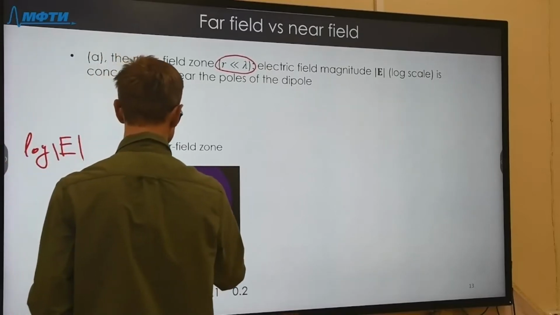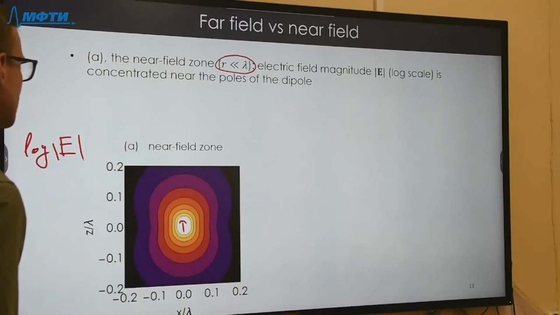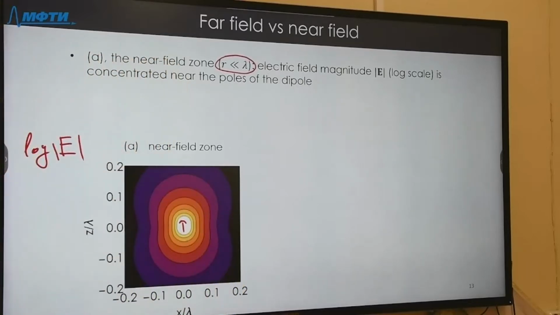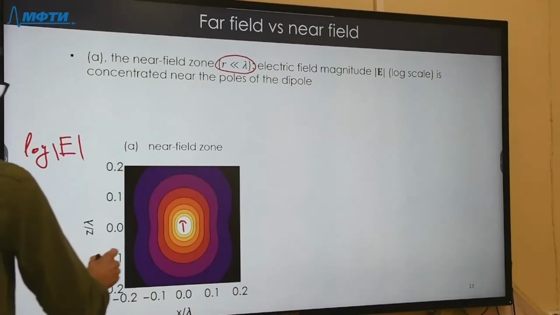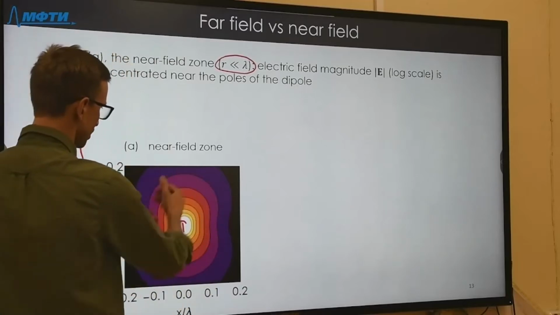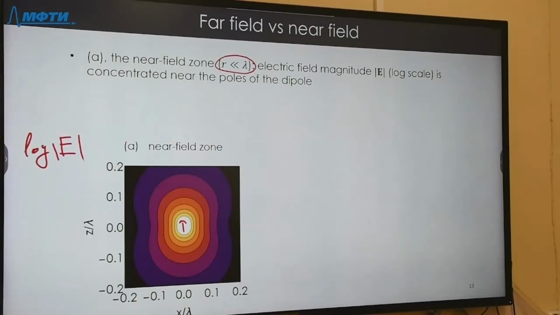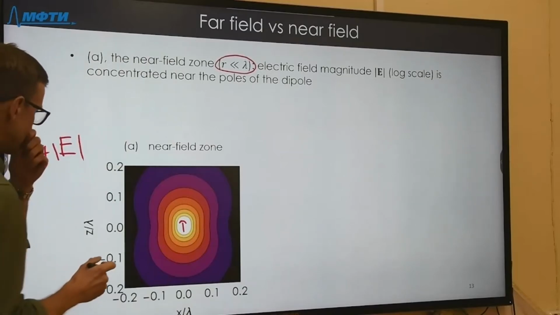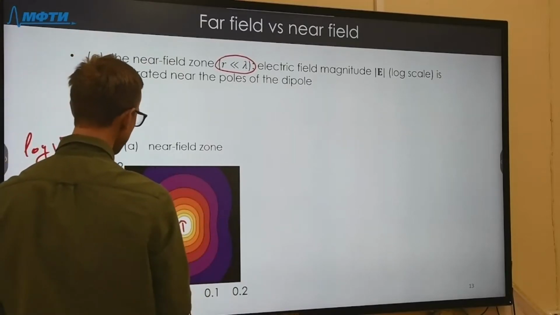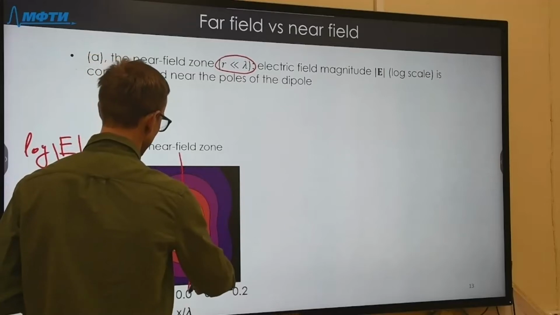Again, we have a z polarized dipole sitting at x, y, z equals 0. And this is the electric field magnitude, log scale. So as you can see, it decays very rapidly as we go away from the source. And one particular feature of this plot is that the field tends to concentrate along the vertical axis.